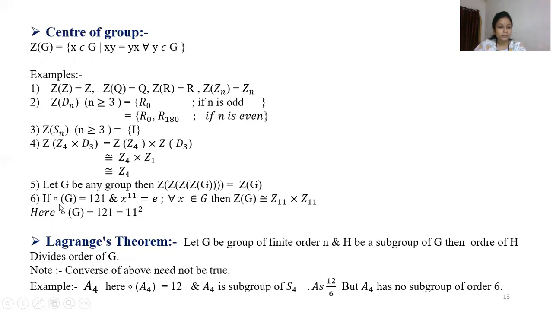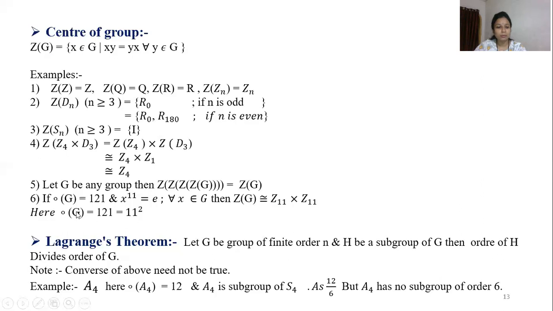Consider another example. Suppose the order of G is 121, and this group satisfies the condition that x to the power 11 is equal to the identity for each and every member of G. Then what about the center of G?